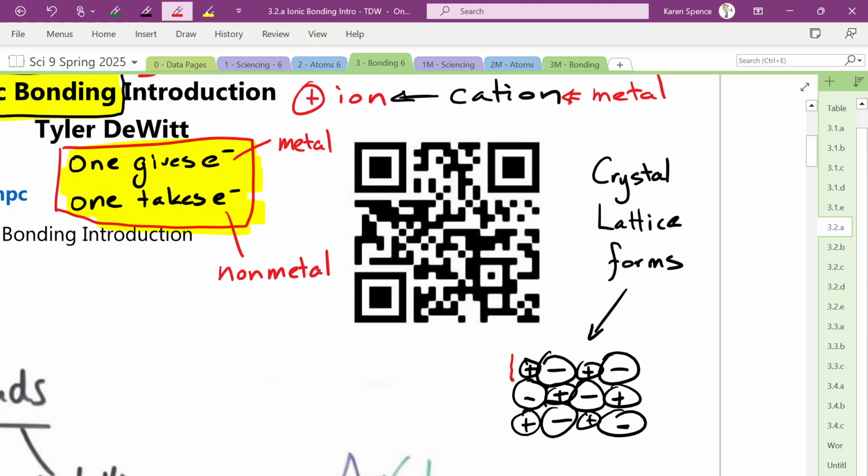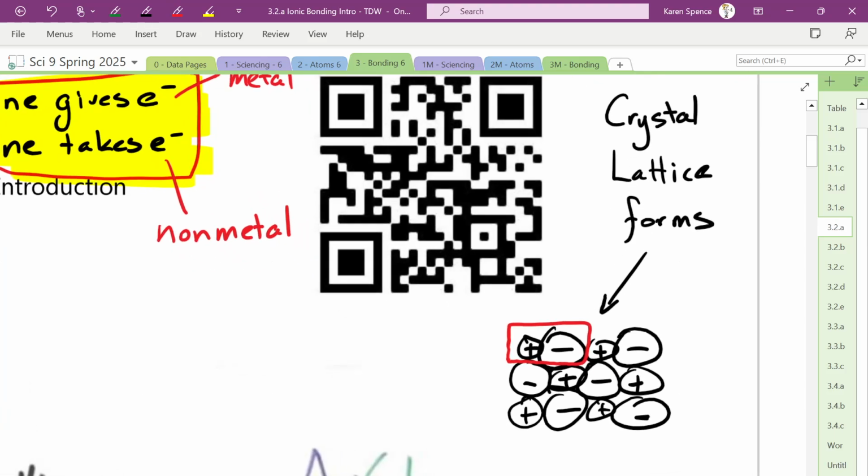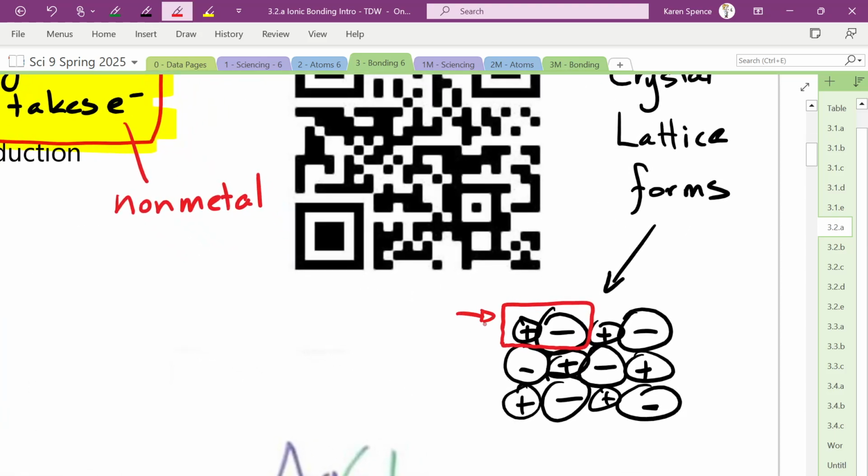What do we call a single unit? This one might be tricky. We only just barely mentioned it yesterday. A single unit.